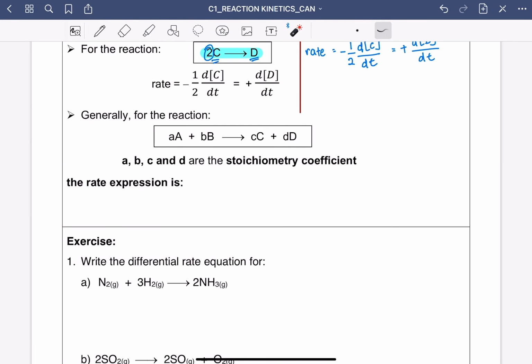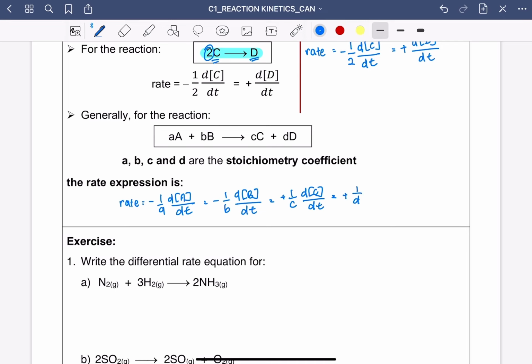So generally for the reaction here, we are going to write rate equivalent to 1 over a. Okay, there you go. So this is how we write it.